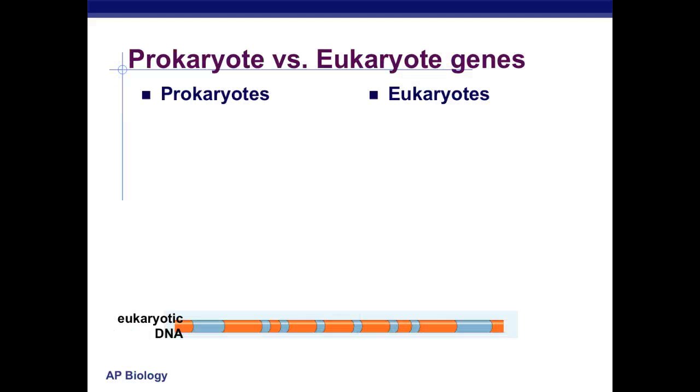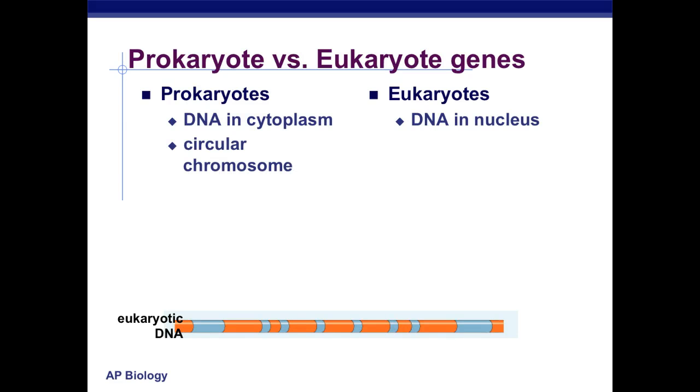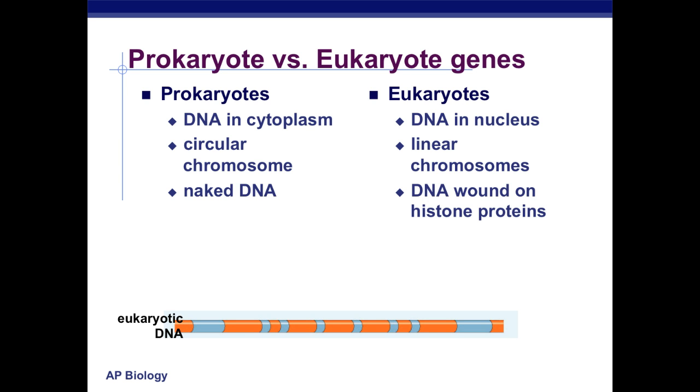So, prokaryotic genes versus eukaryotic genes. DNA in prokaryotes is in the cytoplasm, whereas in eukaryotes it's in the nucleus. The DNA of prokaryotes is circular, whereas in eukaryotes it's linear. In prokaryotes, the DNA is naked, whereas in eukaryotes the DNA is wound on histones.